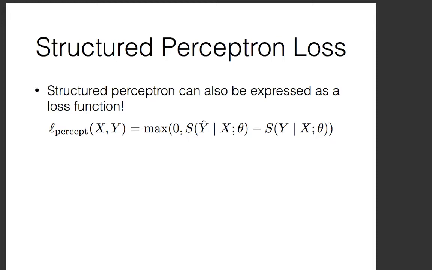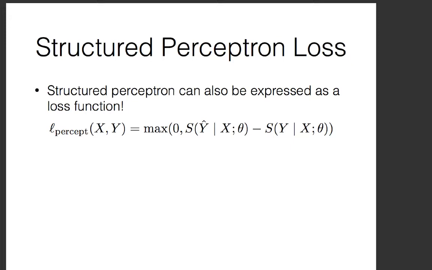It's the max of 0 and the score of the highest scoring hypothesis versus the score of the true hypothesis. If the score of the highest scoring hypothesis is higher than the score of the true hypothesis, then we get a loss. Otherwise, we don't get a loss.